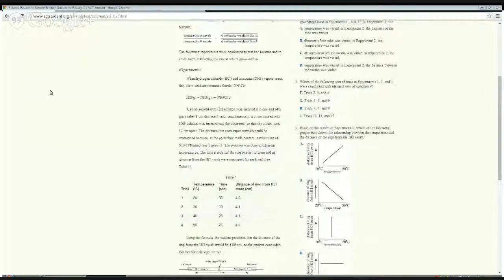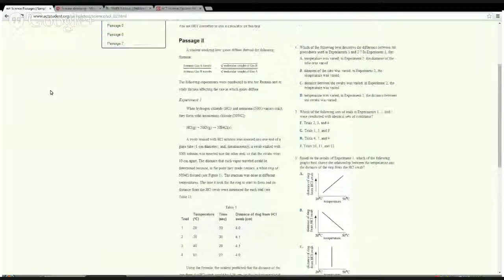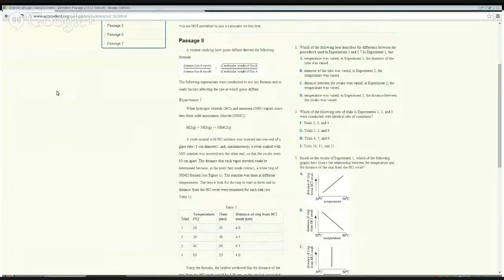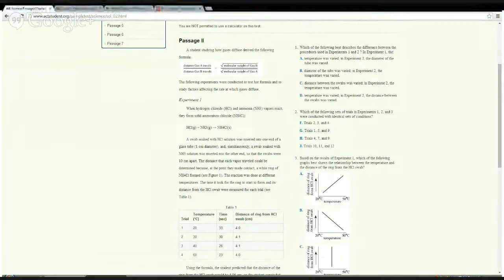Okay, question 2 asks, which of the following sets of trials in experiments 1, 2, and 3 were conducted with identical sets of conditions? Now we're going to look at, in each table, the trials. So which trials were conducted with the same set of conditions?